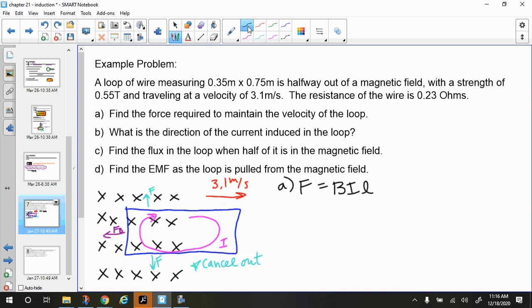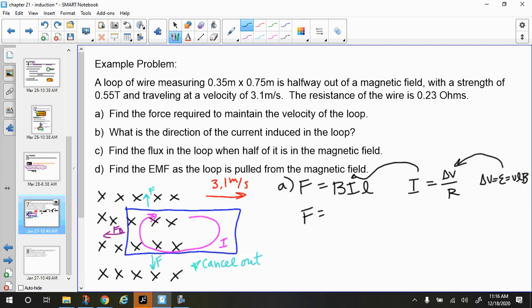Now I also know that my current is equal to delta V, or EMF, over R, and delta V is equal to the velocity times the length times the magnetic field. So I'm going to put this into there and then this into here.